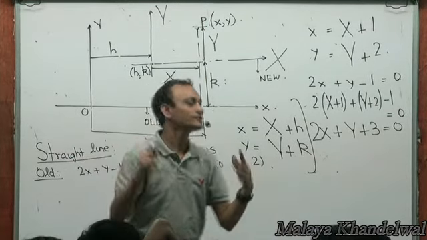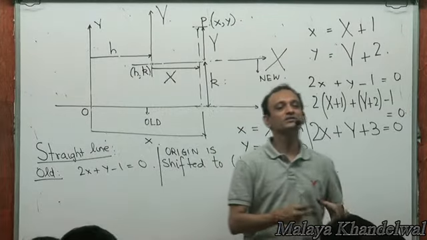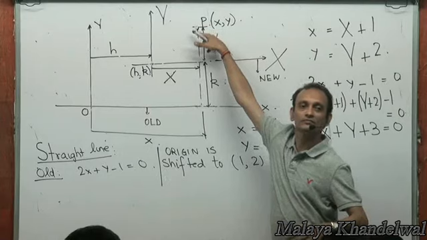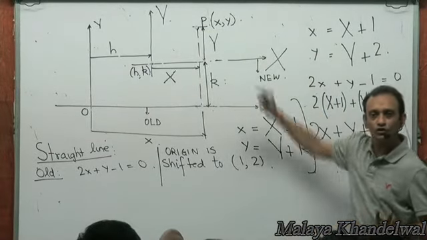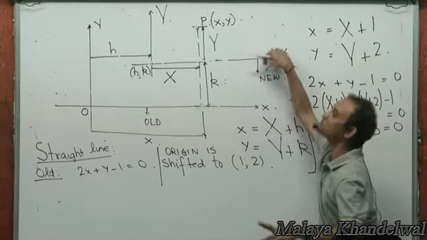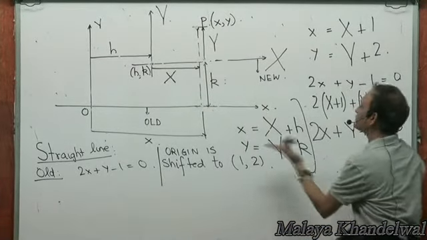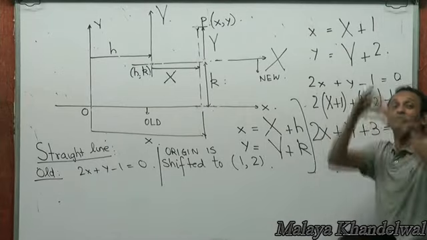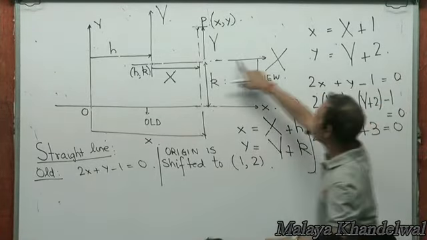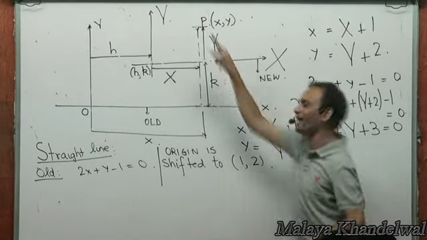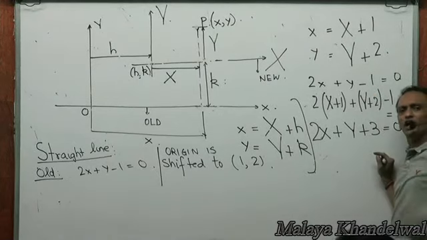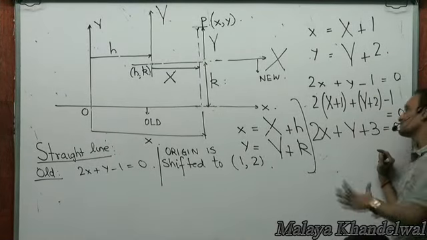Why do you need small xy and capital XY together? Otherwise you would always have to write one big capital X and one big capital Y and so on. So if you choose to call these small x and small y, this will be 2 times small x plus small y plus 3 equal to 0, the equation of the line in the new system. Or if you don't like this, follow the other.